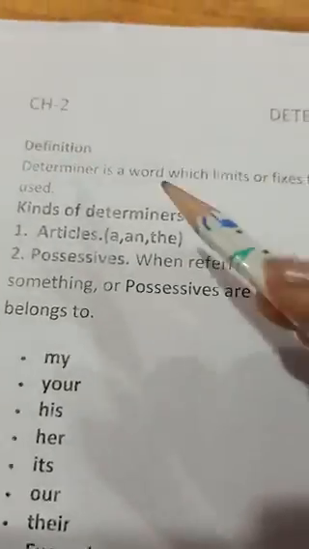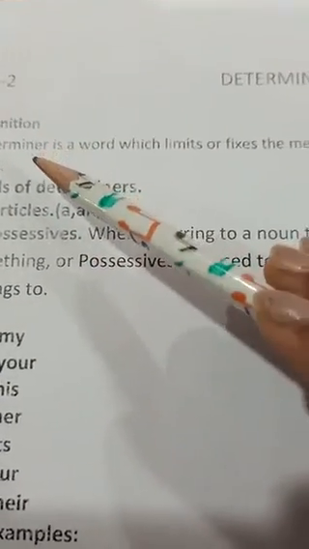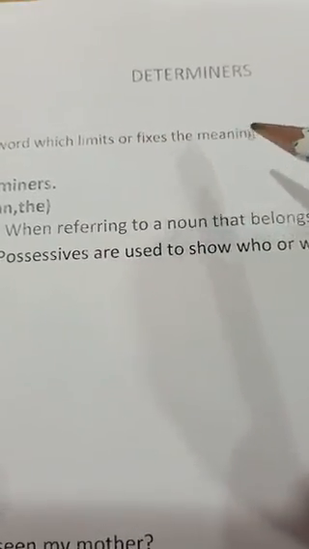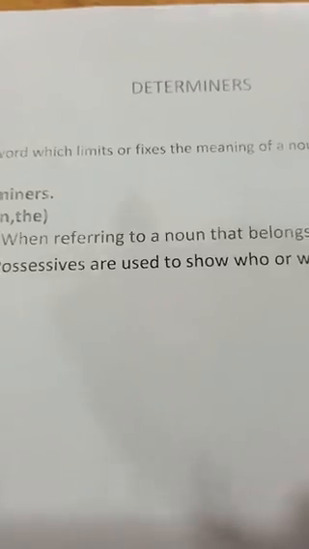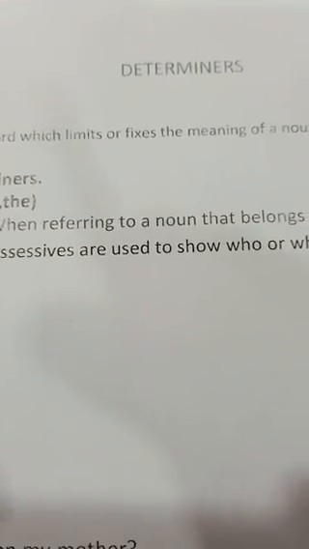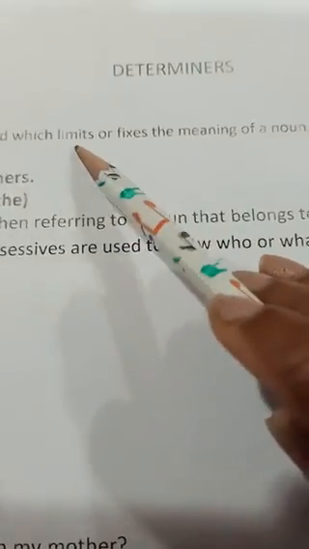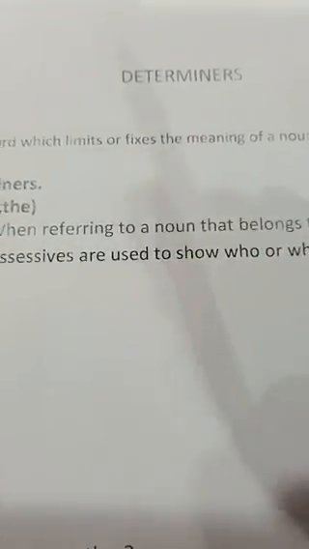Now first, what is the meaning of determiner? A determiner is a word which limits or fixes the meaning of a noun. So what does it mean? A determiner is nothing but a word which limits or fixes the meaning of a noun. Example: I have a pen.